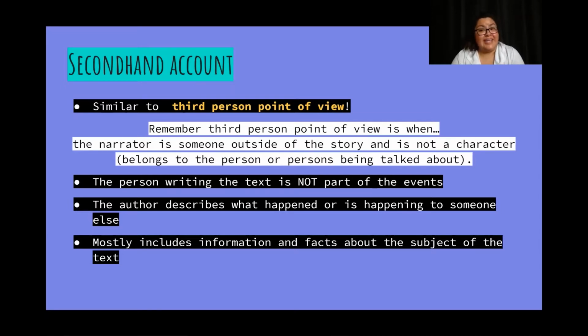A secondhand account is when the person writing the text is not part of the events. The author describes what happened or is happening to someone else. And it mostly includes information and facts about the subject of the text.